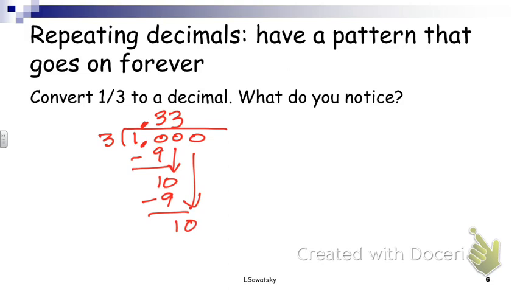Bring down a 0. 3 goes into 10 3 times. 3 times 3 is 9. Subtract, we get 1. We could keep bringing down zeros, but hopefully you start to think, man, these numbers all look familiar. So hopefully you notice that the 3 starts repeating right away. If we just put a bar over it, that's 1/3 as a decimal, 0.33 repeating.